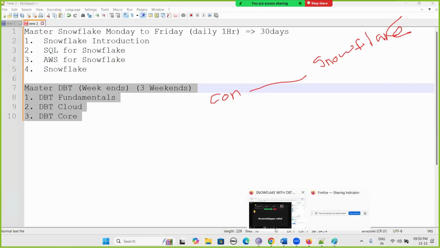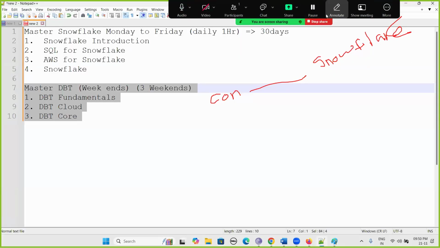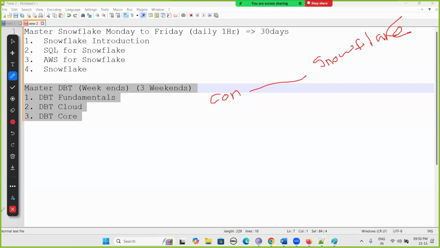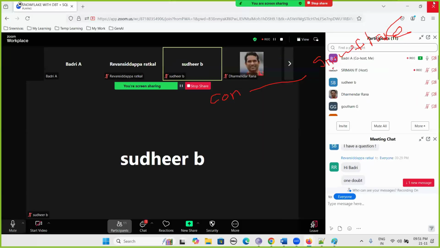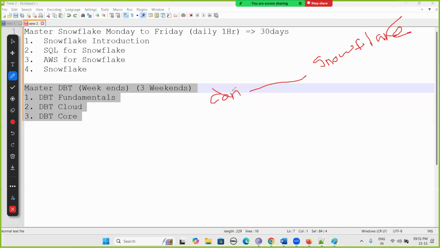Replace this connection with your required instance. Replace this connection, use the Postgres connection type, a Postgres SQL connection.